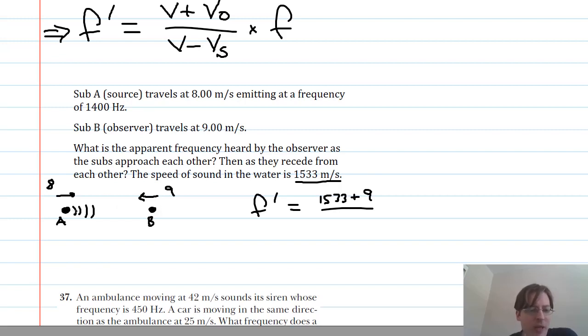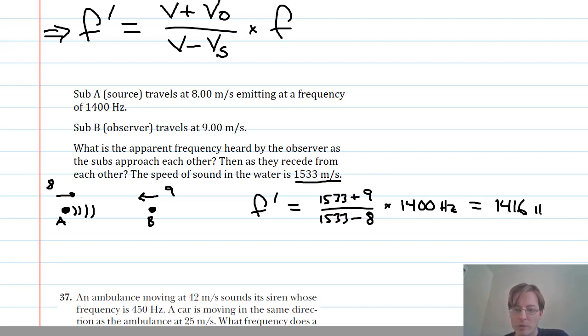So B is going to pick up the shortened wavelengths. So therefore, you're going to have 1533 minus 8. Just like the equation shows, I didn't have to change anything in that case. You multiply that by the source frequency, which is 1400 hertz. And it gives a frequency which is 1416 hertz.